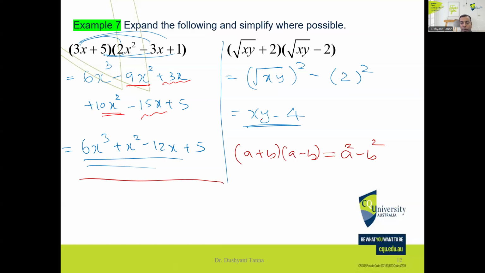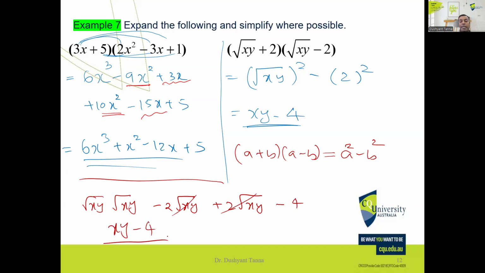So xy minus 4. Now, had you not realized it, what would you have done? Root xy times root xy minus 2 root xy plus 2 root xy minus 4. That's gone, still leaving you with xy minus 4. Should be the same answer.